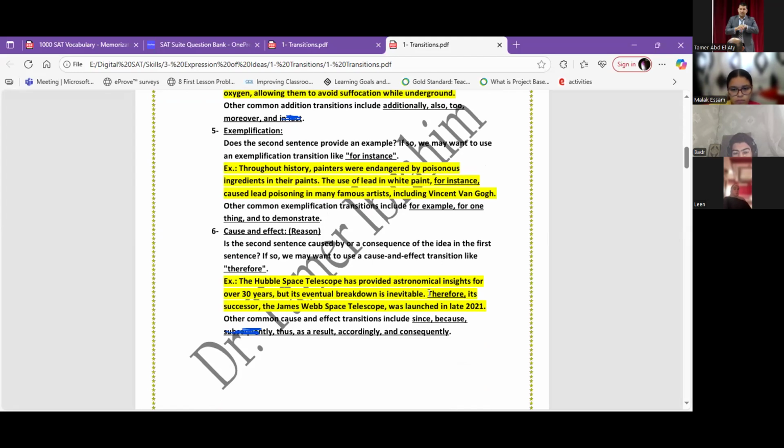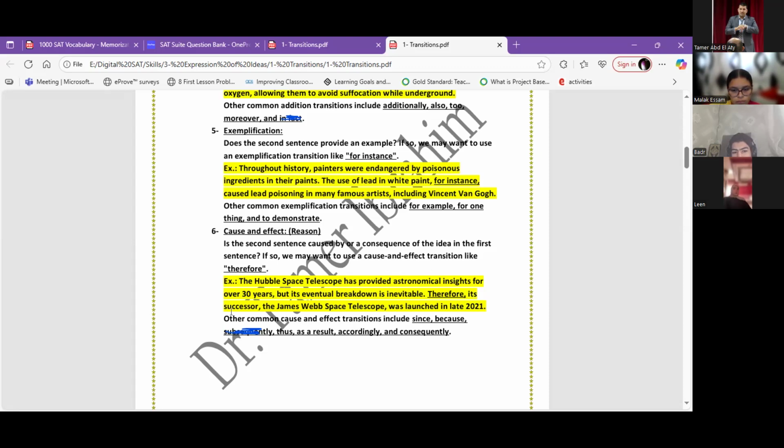The last category: cause and effect. The transitions here: therefore, since, because, thus, as a result, accordingly, and consequently. Let's look at since, before, and after. The Hubble Space Telescope has provided astronomical insights for over 30 years, but its eventual breakdown is inevitable. عندنا تلسكوب هو موجود هناك في السبيس بيعطينا 30 years of information, but he's going to stop.